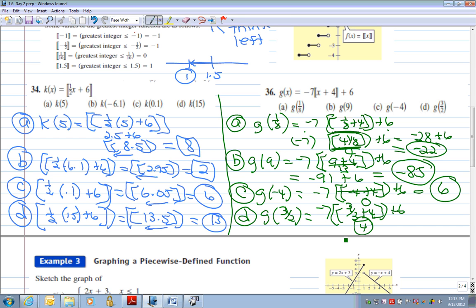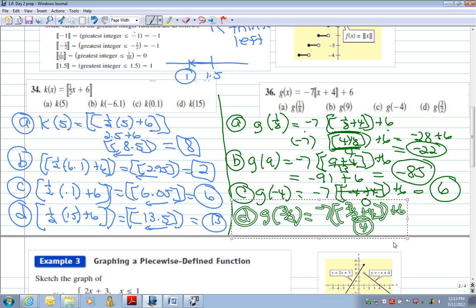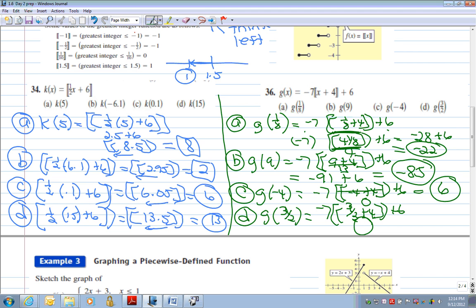So 3/2 plus 4 would be 5.5. And 5.5, if you go to the left, would be at 5. So 5 times -7 is -35. And if you have -35 and a +6, you have -29. Think about that. That's the greatest integer function.